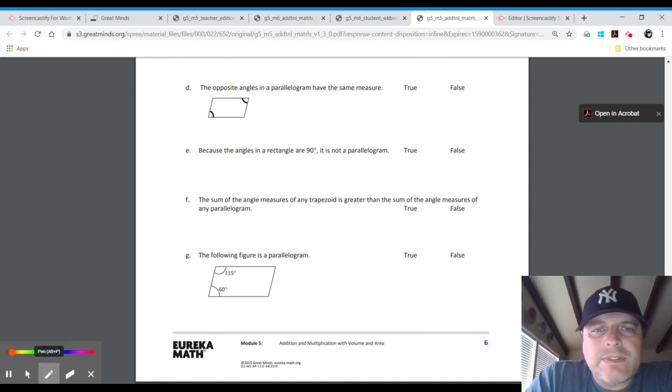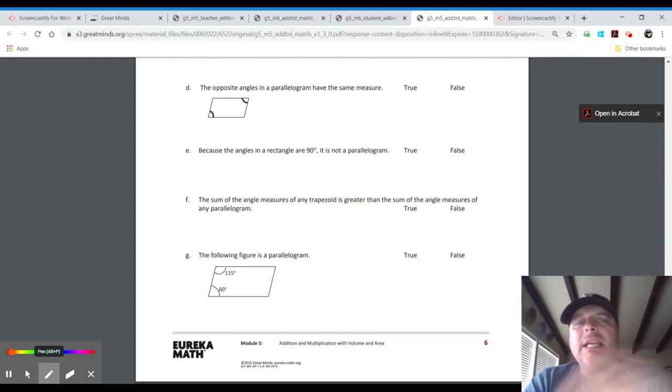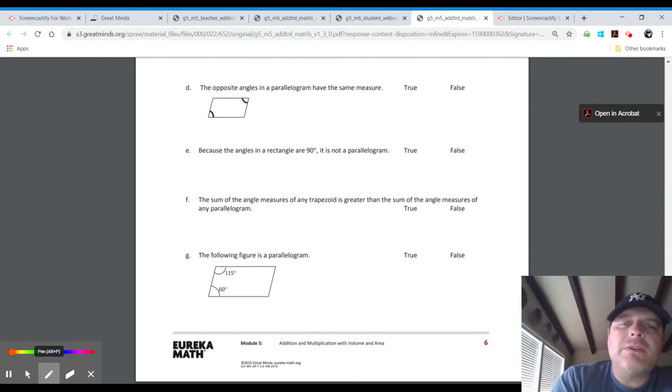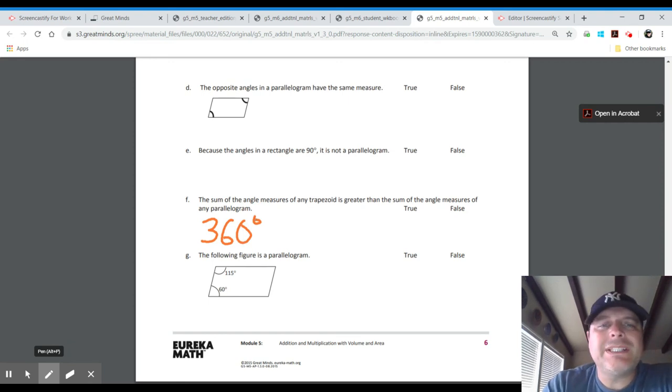So letter F: the sum of the angle measures of any trapezoid is greater than the sum of the angle measures of any parallelogram. That's going to be false. The angle measures in both a parallelogram and a trapezoid add up to 360 degrees, always. So they are always equal.